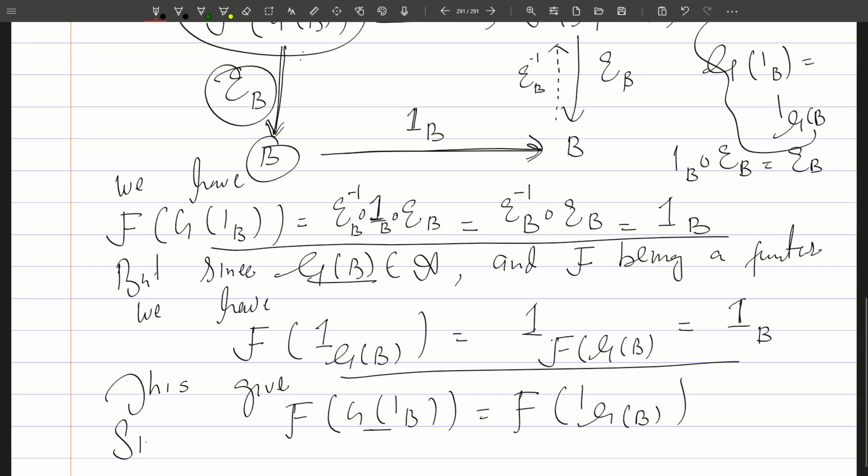So since F is faithful, G of 1 sub B equals 1 sub G of B. So G carries this identity to 1 sub G of B. This proves that G preserves identities.